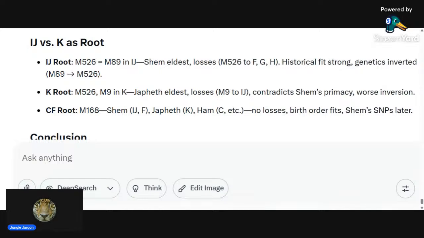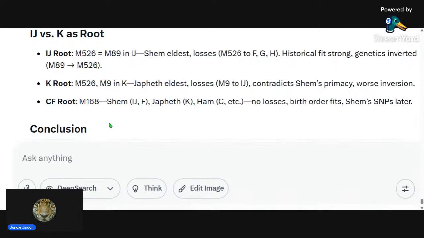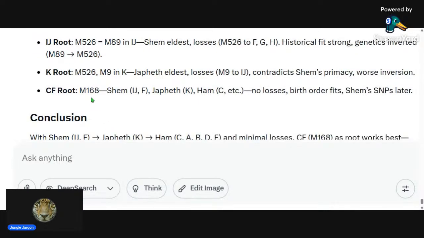M9 and K, but I thought everybody was M9. Loses to IJ. Anyways, we got to look at it some more. I think Grok's confused here.